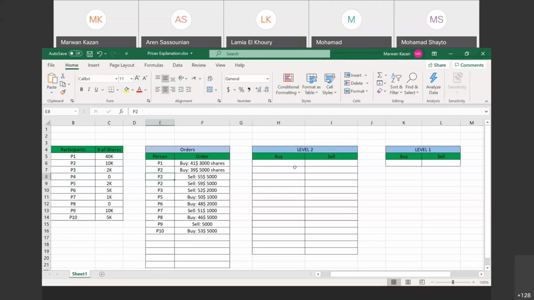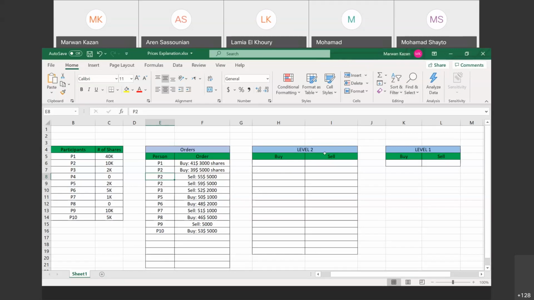How can Nasdaq, or the New York exchange, organize this many orders? In this case there are only 10 people, but imagine in real life, there are millions of orders sent every day. So they have algorithms which order them.